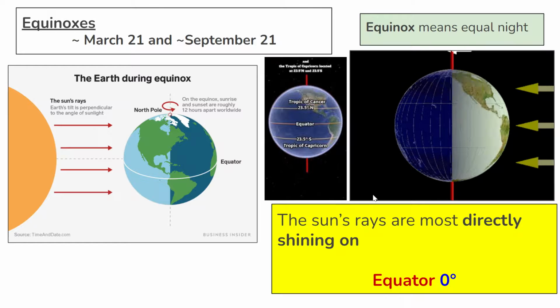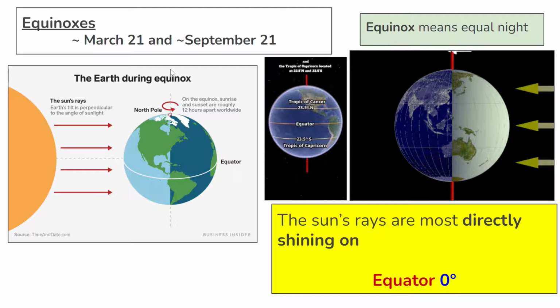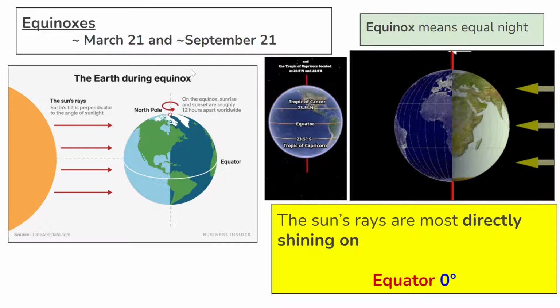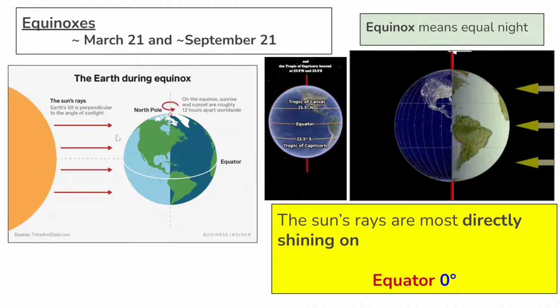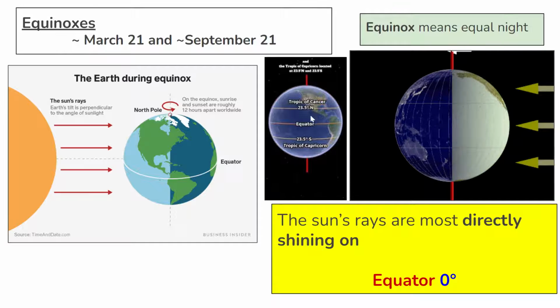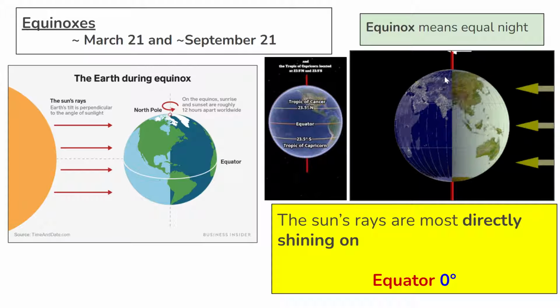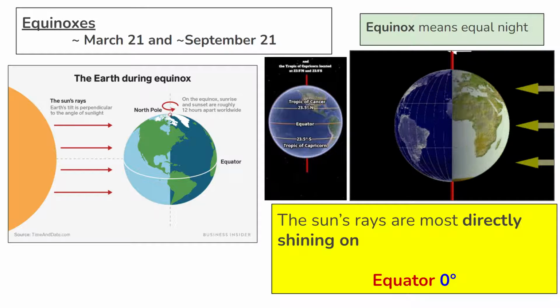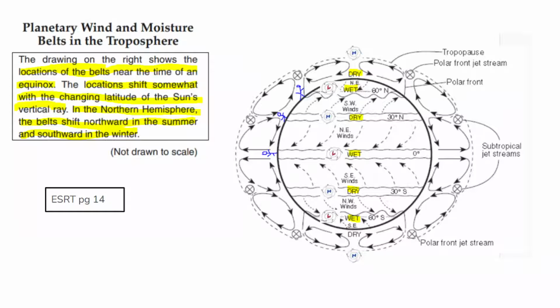And in the equinoxes, for instance, March 21st and September 21st, the sun's rays are directly hitting the equator. And so that's why we have equal hours of daytime and equal hours of nighttime.